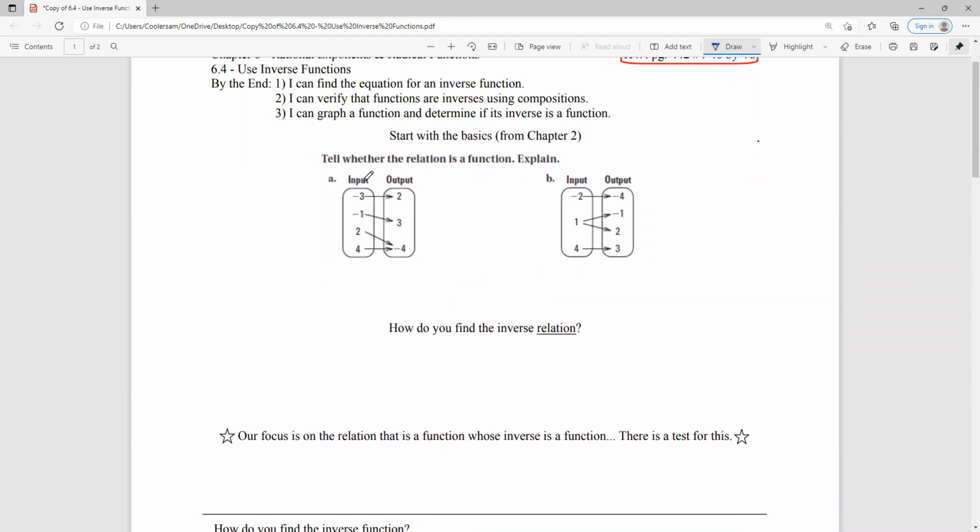So anyways, starting off here, first, we're going to tell whether the relation is a function and explain it. To tell whether it's a function or not, the domain does not repeat.